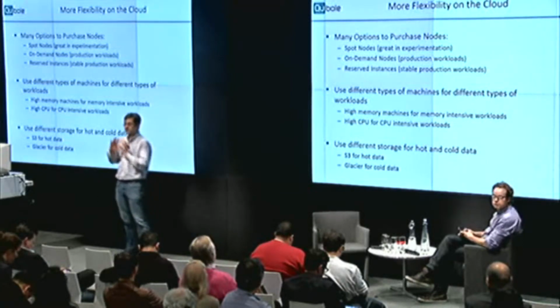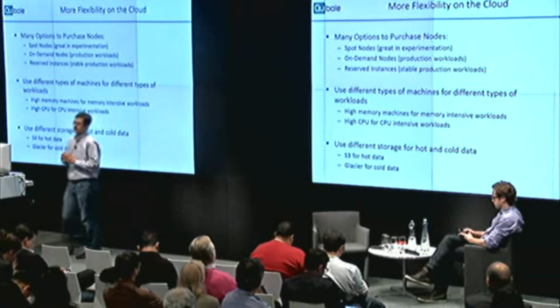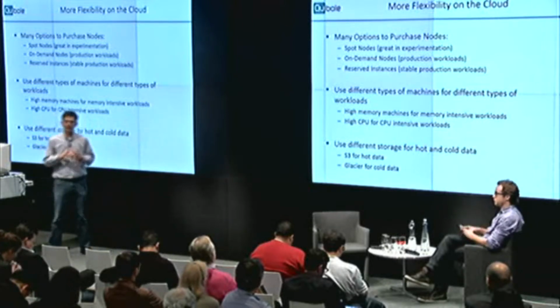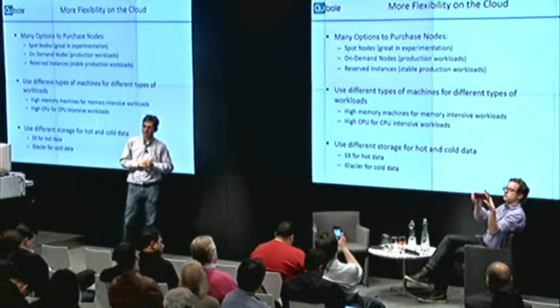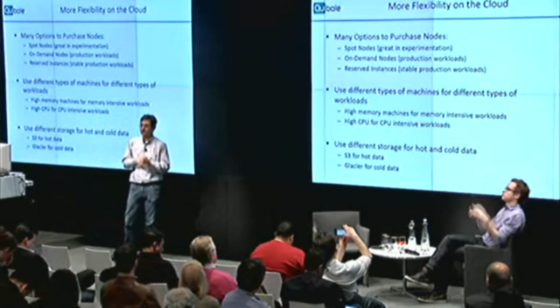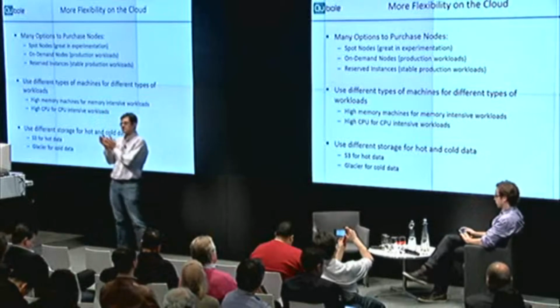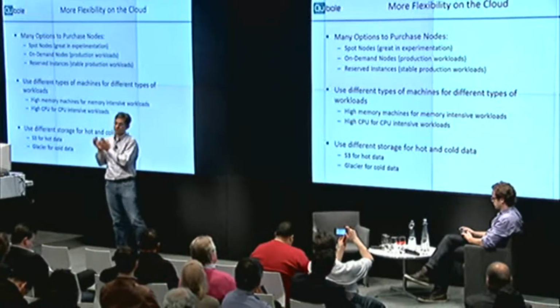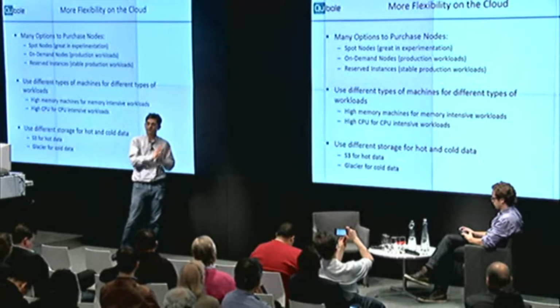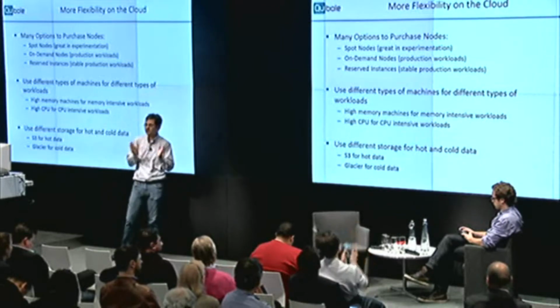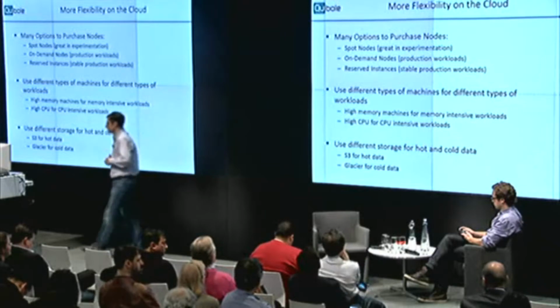On the cloud, the flexibility itself makes things much better, and gives you the choice of what type of machines to use for various different types of workloads. Should I store my data in S3 or should I use Glacier as storage, which is a much more offline storage and things like that? All that is seamlessly built into a cloud platform.